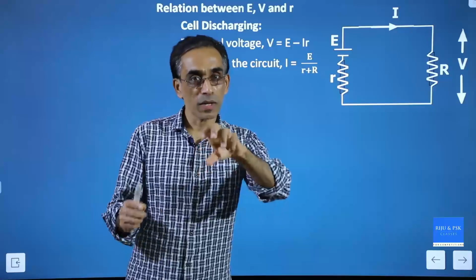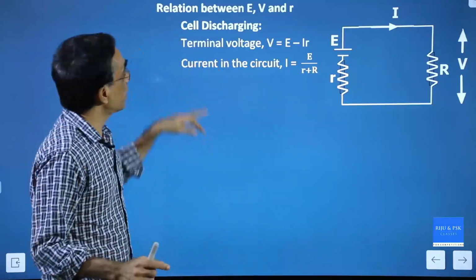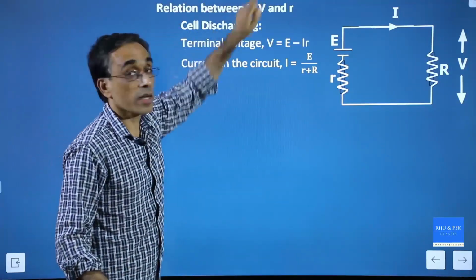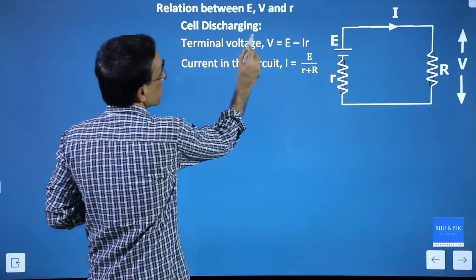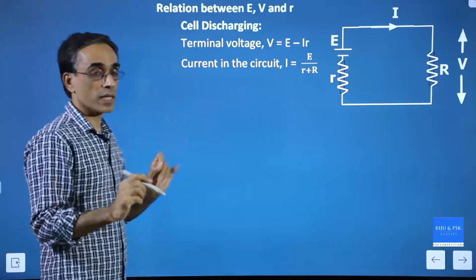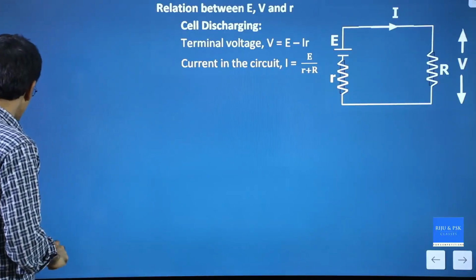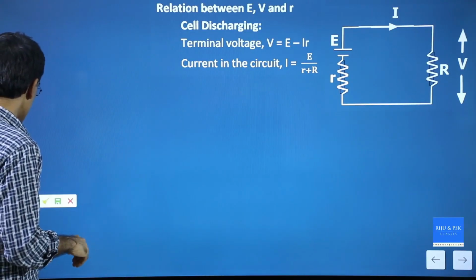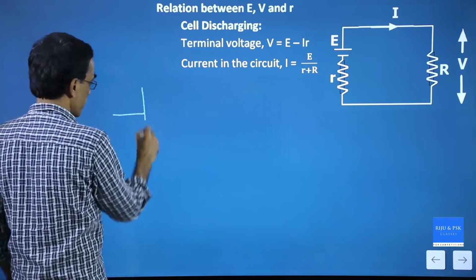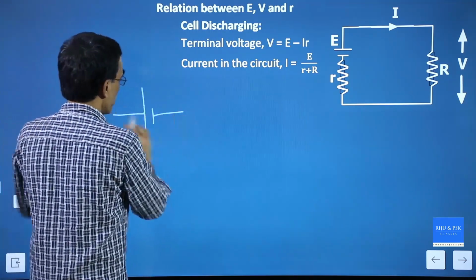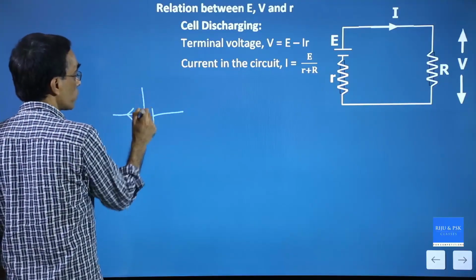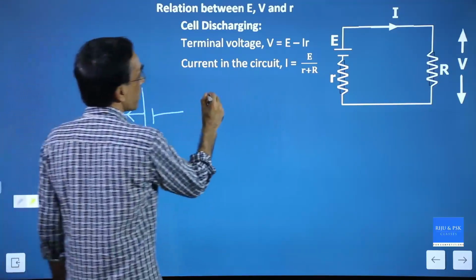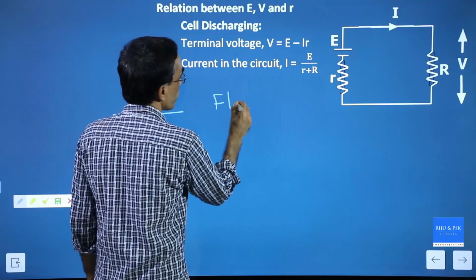So we are coming to the conclusion section here. Relation between E, V and r. Now you should notice this cell discharging. When do we know that a cell is discharging? Say there is a cell in a circuit, and current is flowing out of the positive terminal, and enters or flows in the negative terminal.